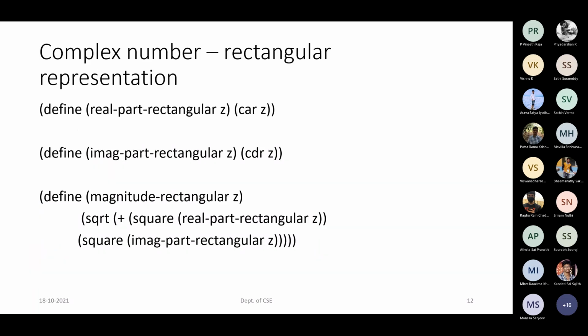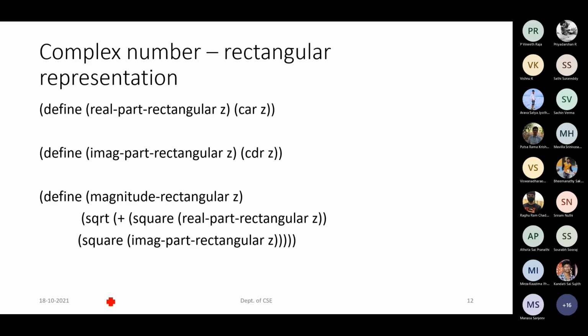Similarly for polar also. Now let's start rewriting the procedures we discussed, by using these selectors, constructors, and the condition which we have defined just now. So now coming to the selectors, if your complex number is in the rectangular form, how do we define it?